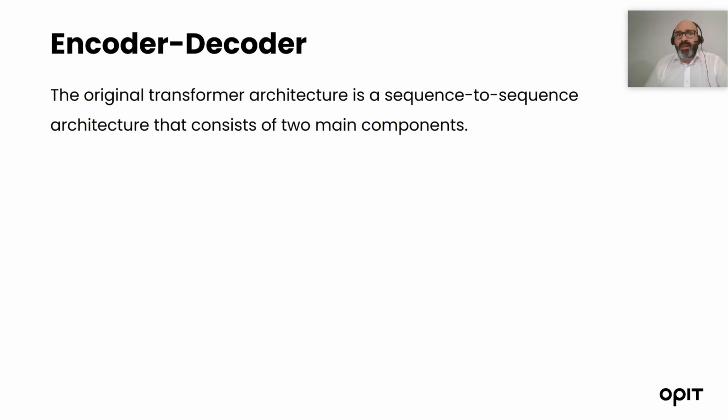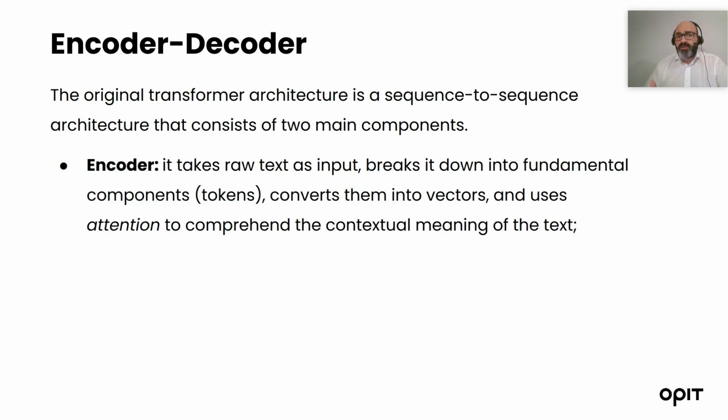So the original transformer architecture is basically a sequence-to-sequence architecture that consists of two main components. The encoder takes the raw input text, breaks it down into fundamental components, the tokens, converts them into vectors, into numbers, and uses the attention mechanism to understand the contextual meaning of the sentences.